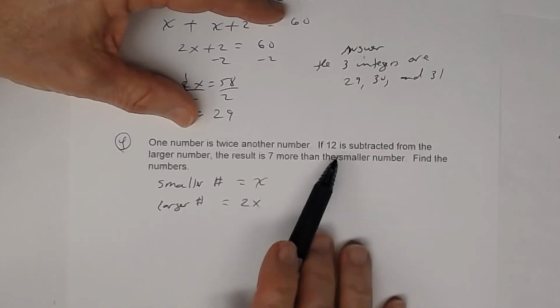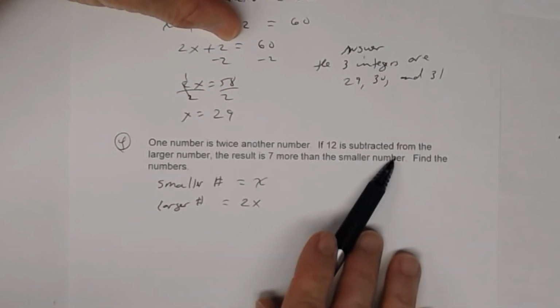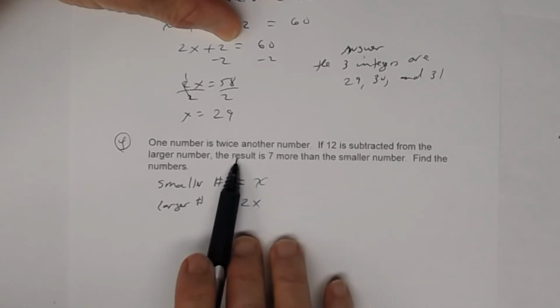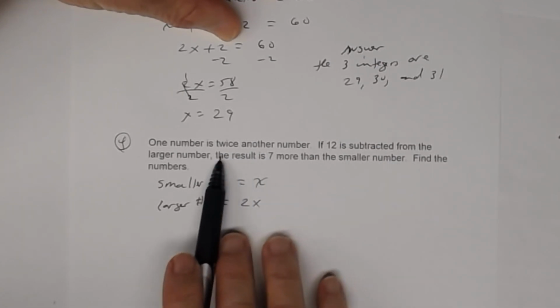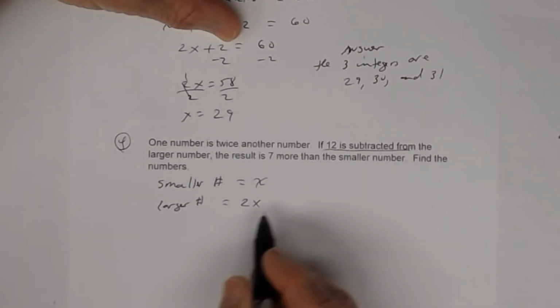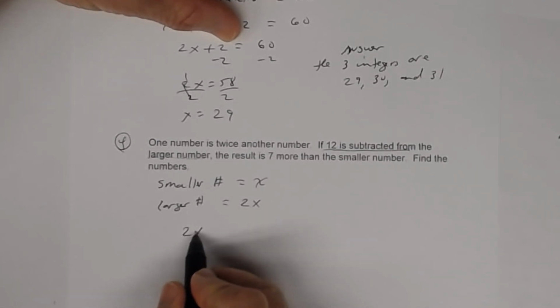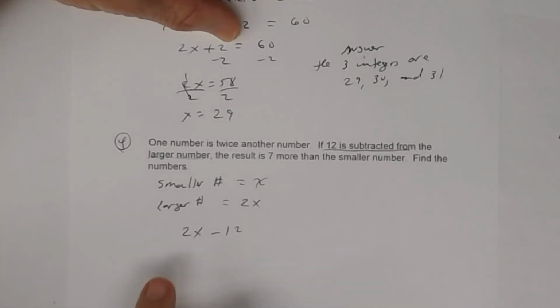Now, to set up the equation, we use this fact here. If 12 is subtracted from the larger, the result is, so that's going to be your equal sign. If 12 is subtracted from the larger, so this is the larger, 2x, and I subtract 12. Remember, the order in which you subtract does matter. So you have to say 2x minus 12, not 12 minus 2x.